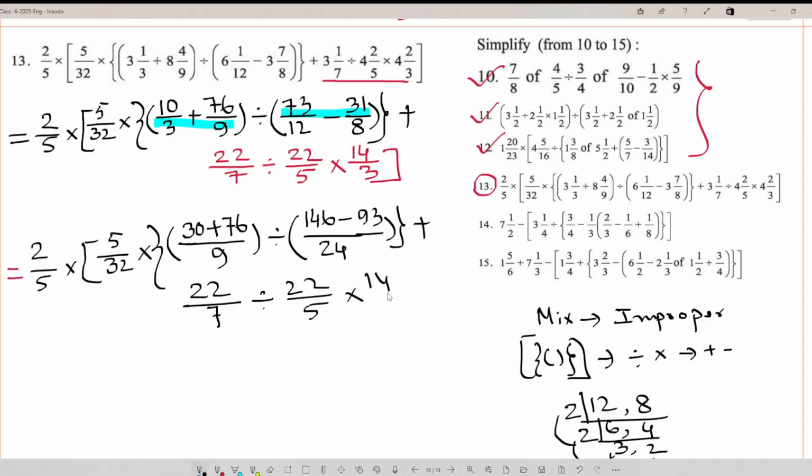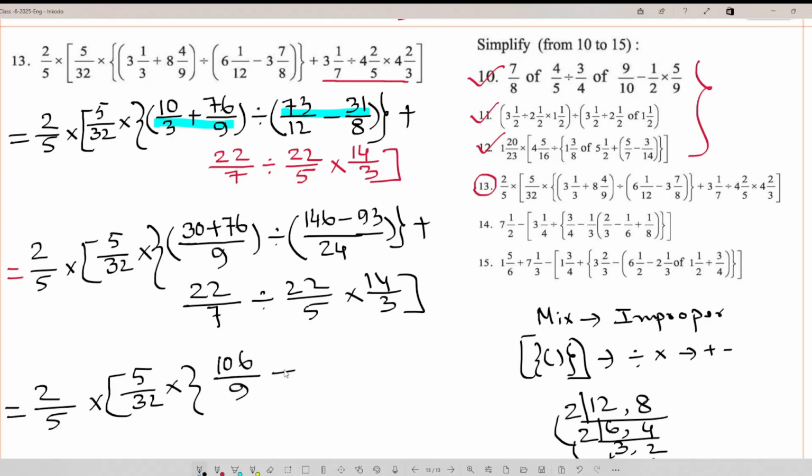Okay, now 2 divide 5 times 5 divide 32 times here is 76 plus 30, it's 106 divide 9, divide here is 146 minus 93, 53, right? 53 and divide here is 24.